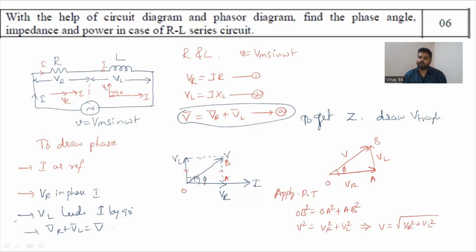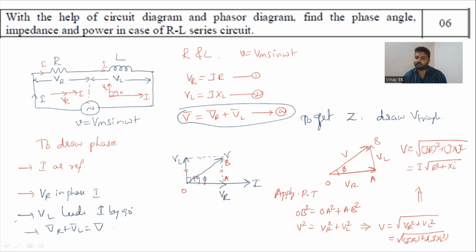Whereas VR is nothing but I into R, so I can write IR whole square plus I into XL whole square. By taking current as common, I square is taken common, and coming out of the square root it becomes I. So V equals square root of IR whole square plus I into XL whole square, which is I into square root of R square plus XL square.